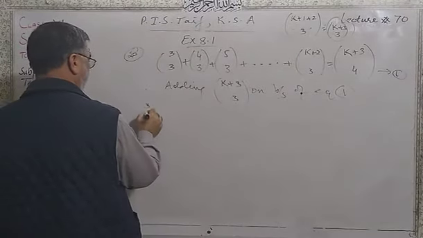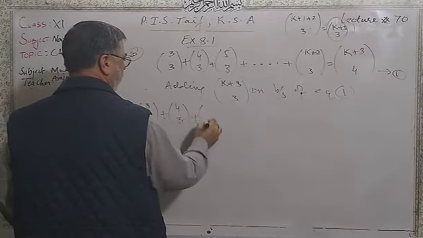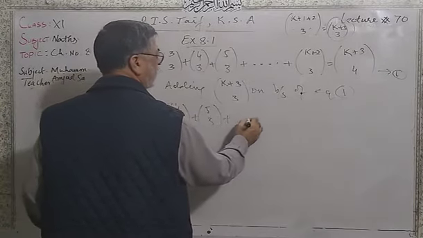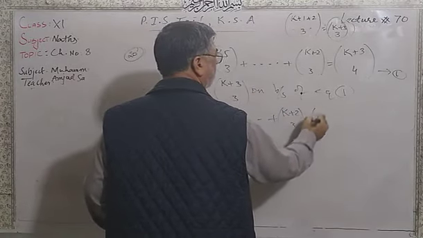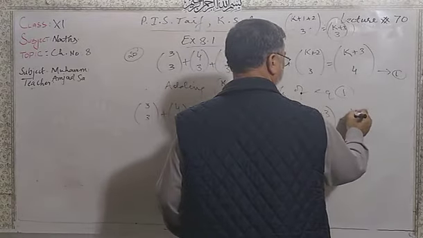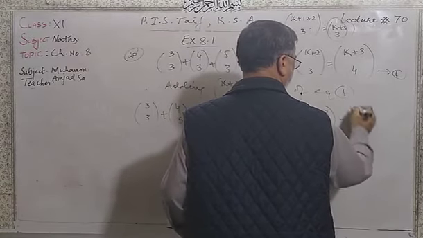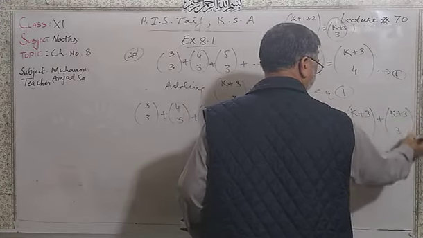Here we will have 3C3, 4C3, 5C3, plus so on, plus (k plus 2)C3, plus (k plus 3)C3 is equal to (k plus 3)C4 plus (k plus 3)C3.